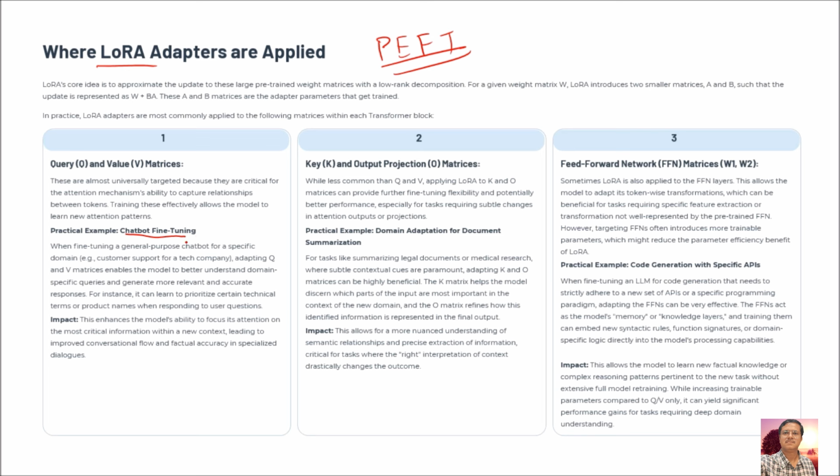Suppose we want to develop specialized question answering for the medical domain by using an LLM trained on public data, which is not specialized in the medical domain. Or a chatbot for a specific domain, like customer support for a tech company. In that case, when we select the query and value matrices, it enables the model to better understand domain specific queries and generate precise or accurate responses.